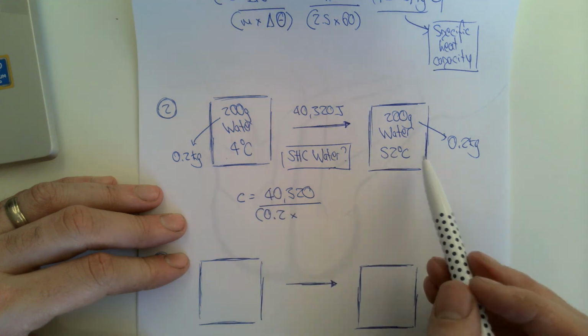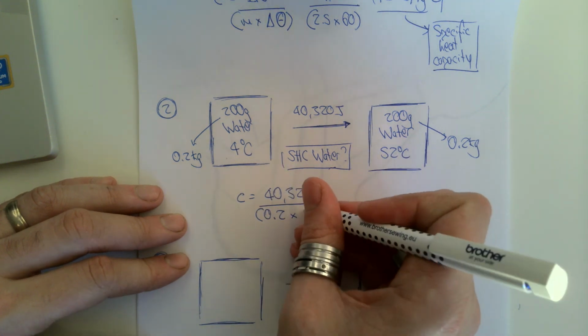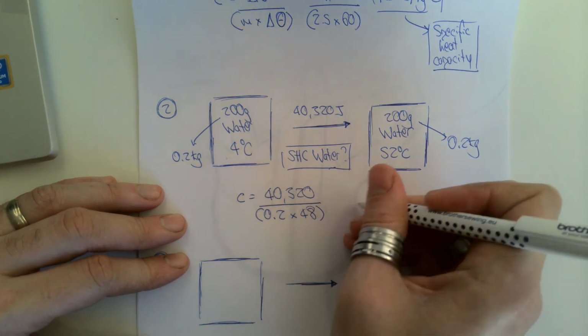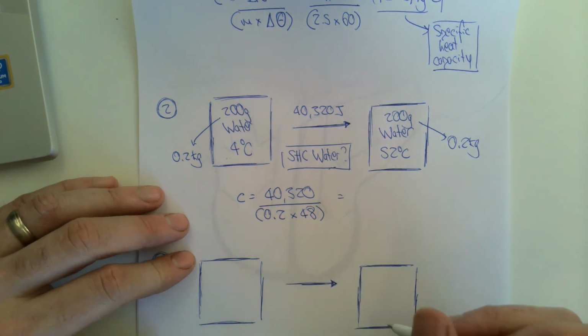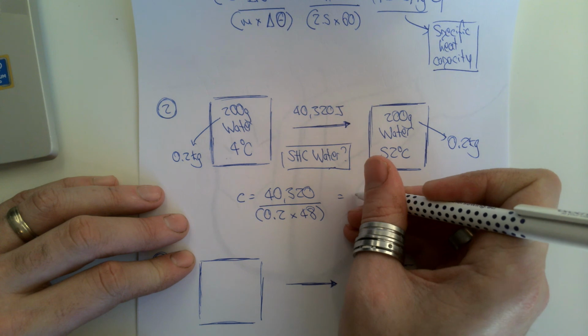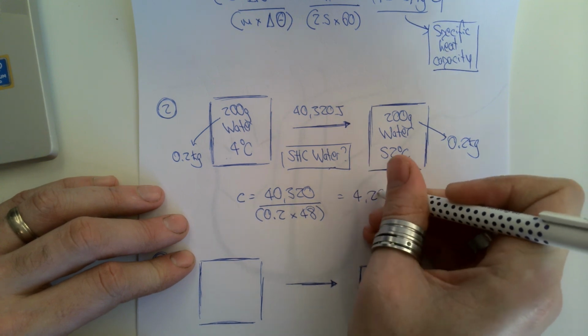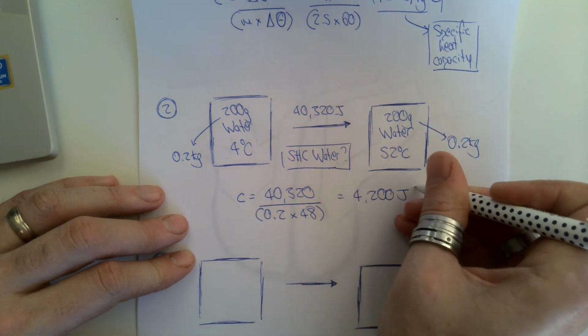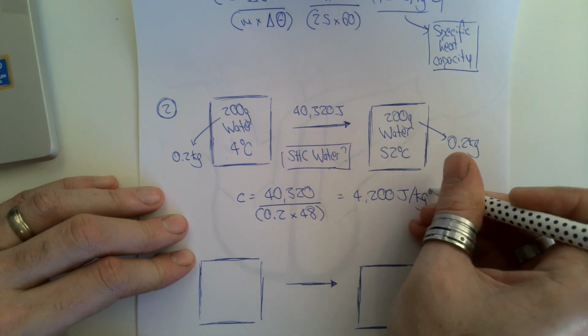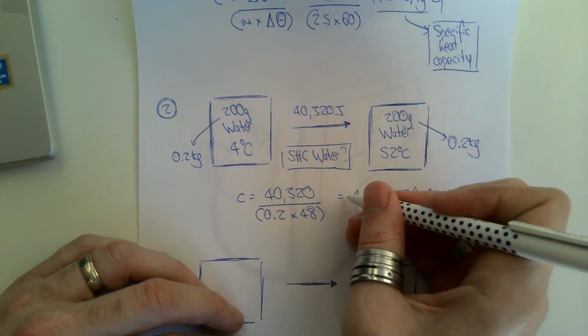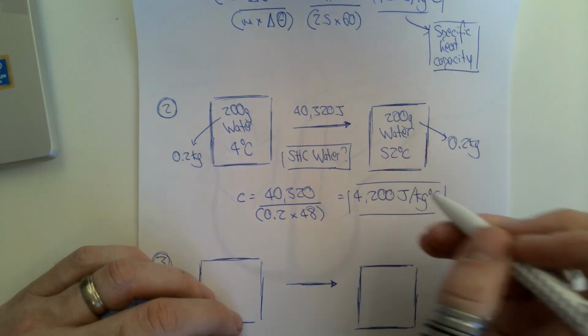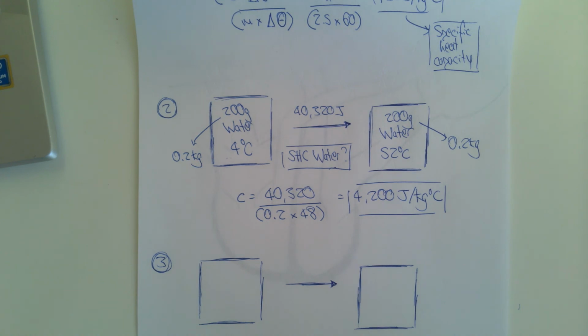Change in temperature. 52 minus 4 will give us 48. So if you do 0.2 times 48 and divide that answer by 40,320, you'll find the answer comes out as 4,200 joules per kilogram degrees Celsius, which we know is the specific heat capacity of water. This question helps prove that fact.